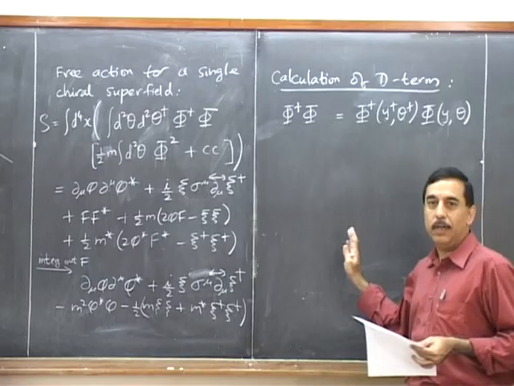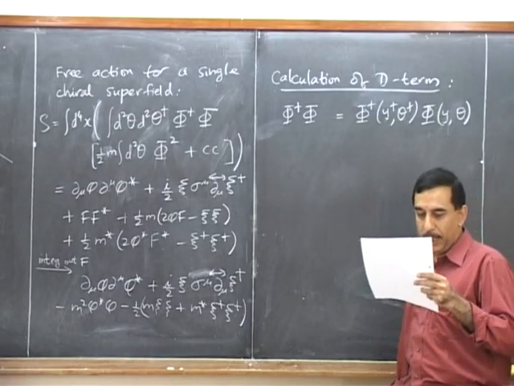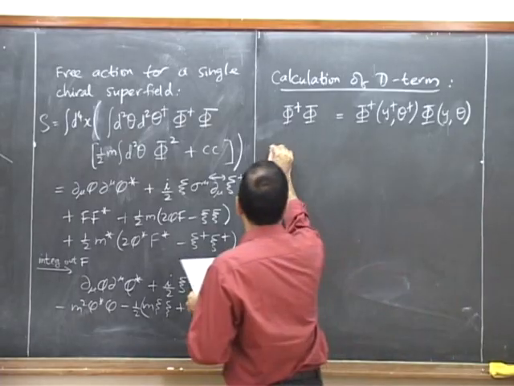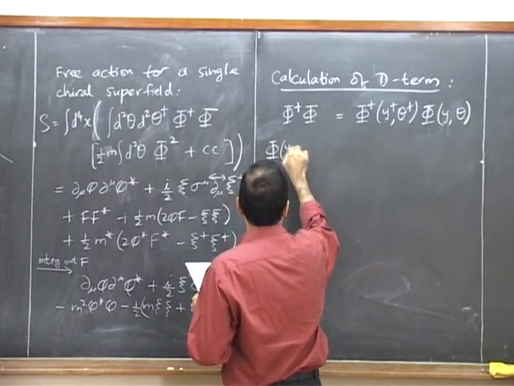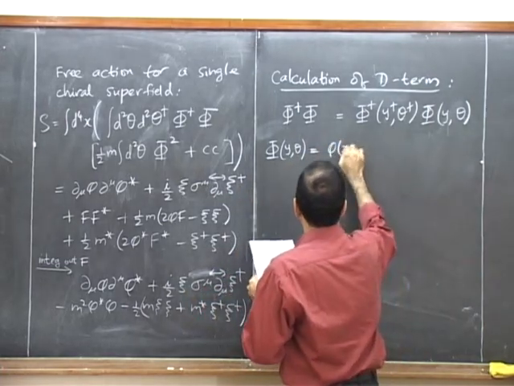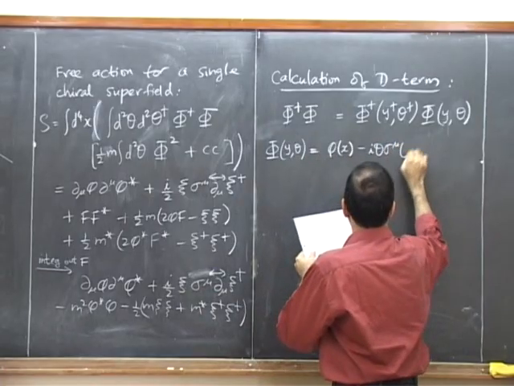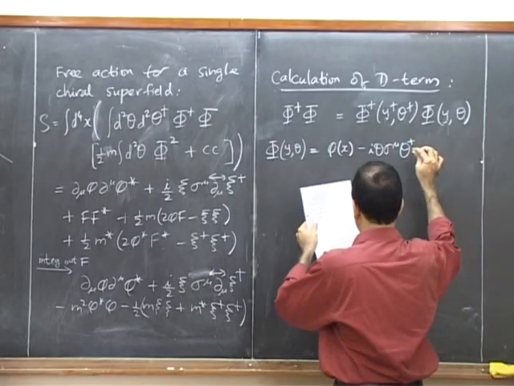However, it won't be the most general function because it still satisfies the chirality constraint, and it's quite easy to show that phi of y and theta is equal to small phi of x. You will see exactly how these terms arise. It's almost obvious by inspection.